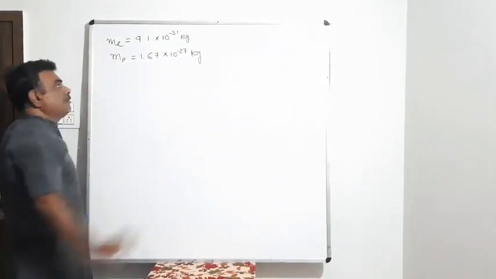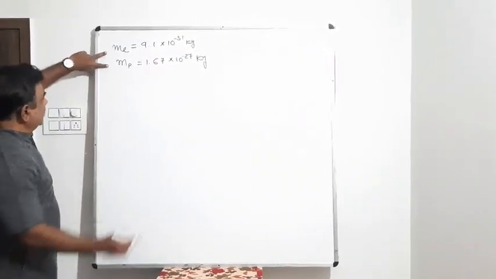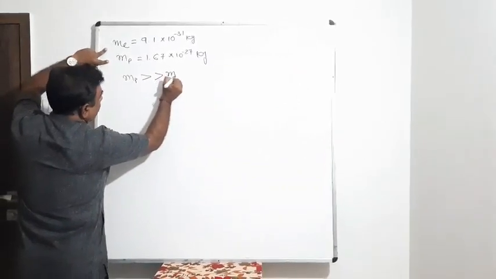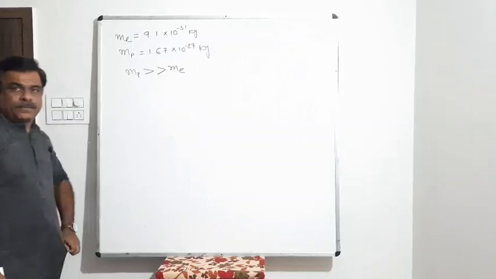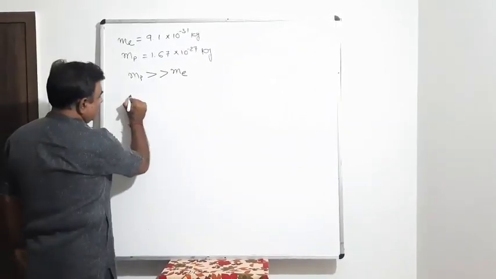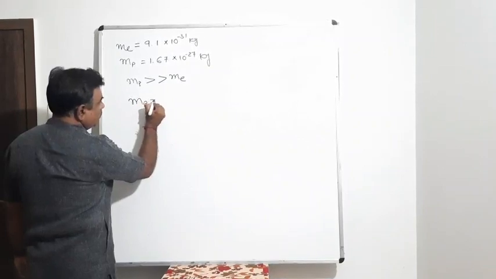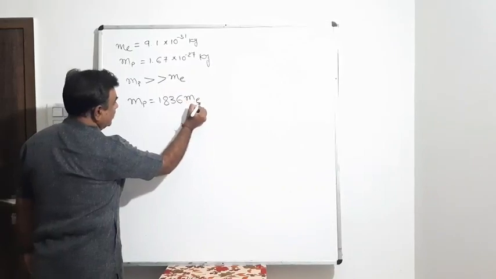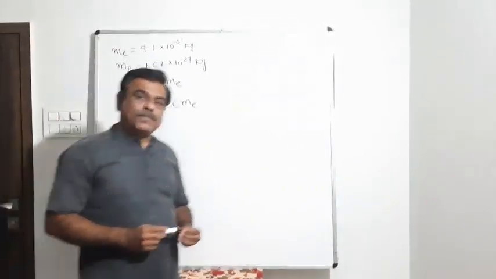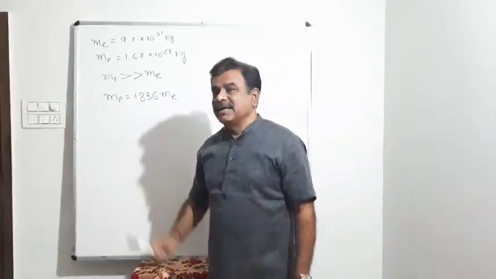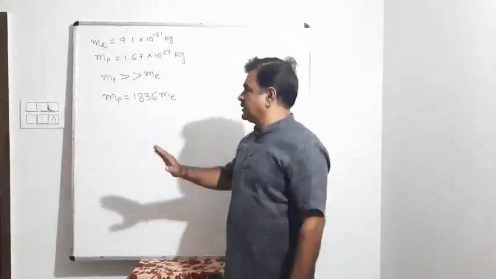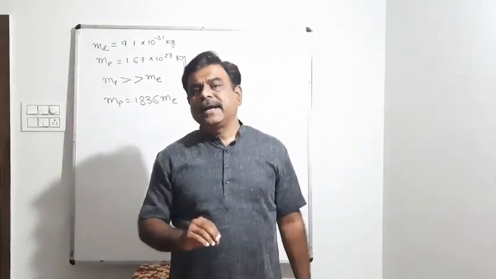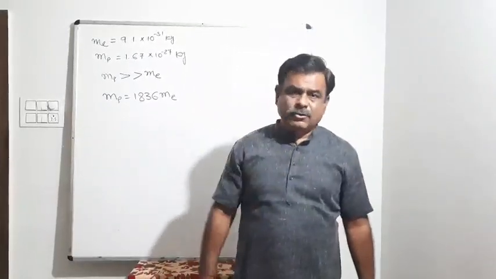So naturally we can identify that proton is much more massive than electron. Approximately, mass of proton is 1836 times heavier than mass of electron. Yes, this was basic data. One more basic: net charge on a body can be found by an instrument called an electroscope.